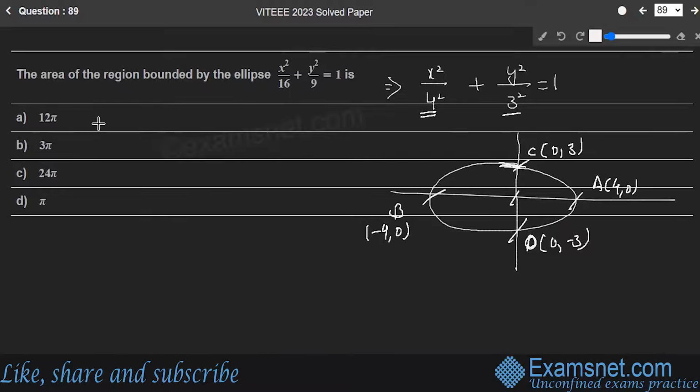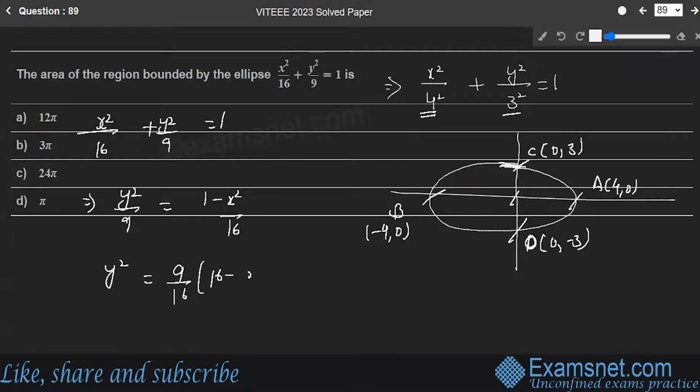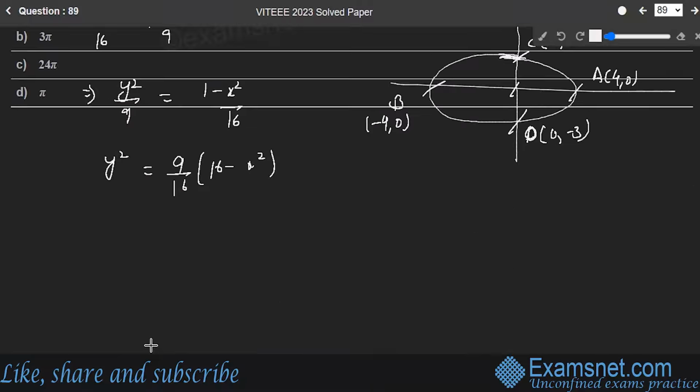Now I'll get back to my equation. You had the equation as x square upon 16 plus y square upon 9 is equal to 1. This gives me y square upon 9 is equal to 1 minus x square upon 16, or y square is equal to 9 upon 16 into 16 minus x squared, which will give you y has the values plus minus 3 by 4 root of 16 minus x squared.